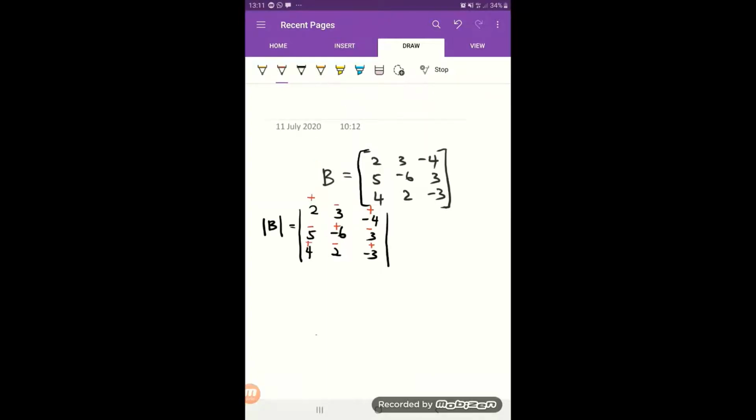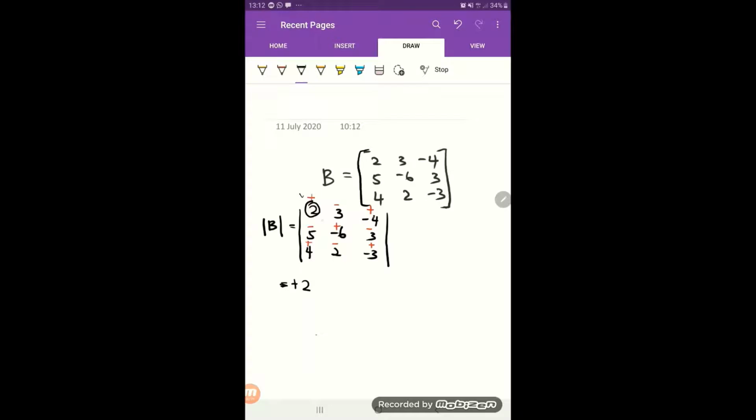Now find the determinant of matrix B. Here we choose the first row. You can choose the second row or third row, or you can choose the first column, second column or third column. The first element of the first row is 2. The sign of 2 is positive, so we write the positive 2 here.